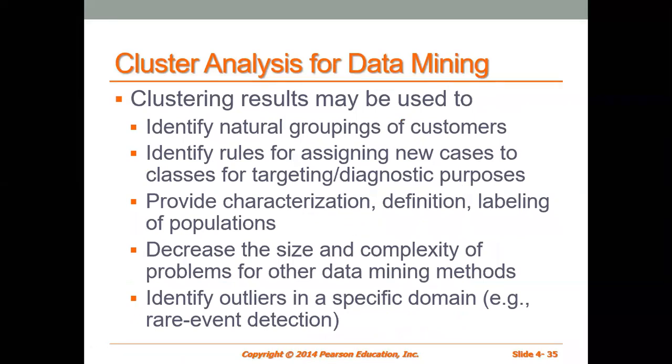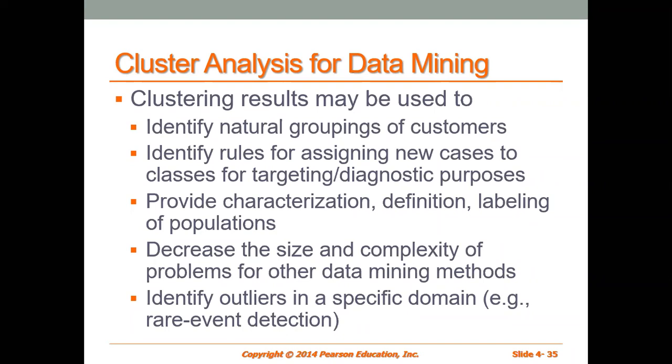Clustering results can be used to identify natural grouping of customers, identify rules for assigning new cases to classes for targeting and diagnostic purposes, provide characterizations, definitions, labeling, and populations, and decrease the size and complexity of problems for other data mining methods.